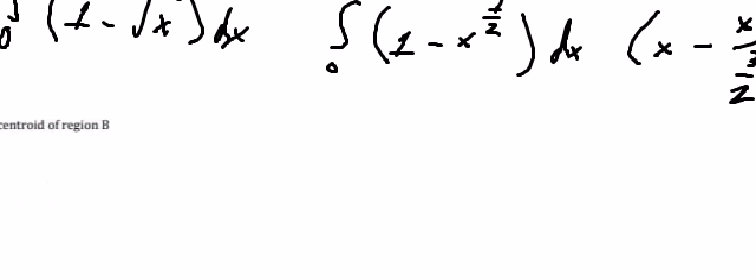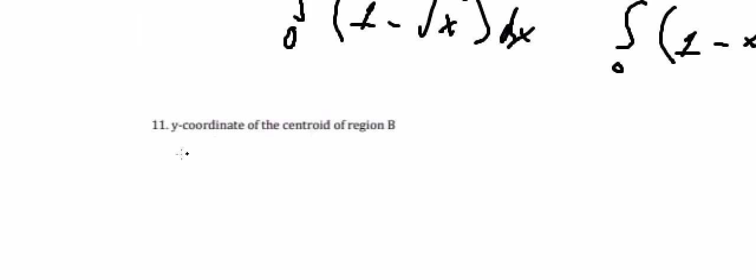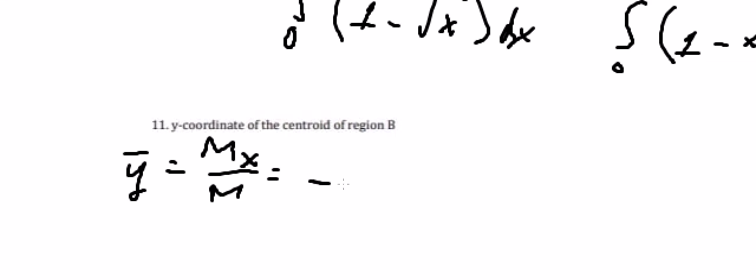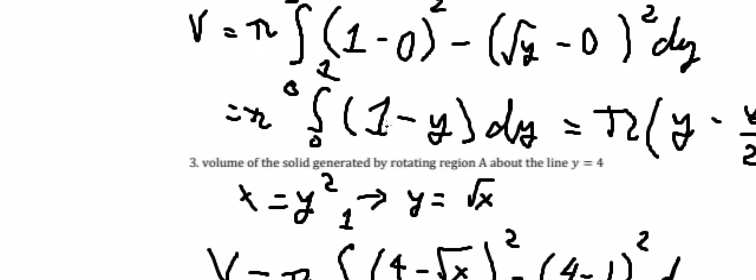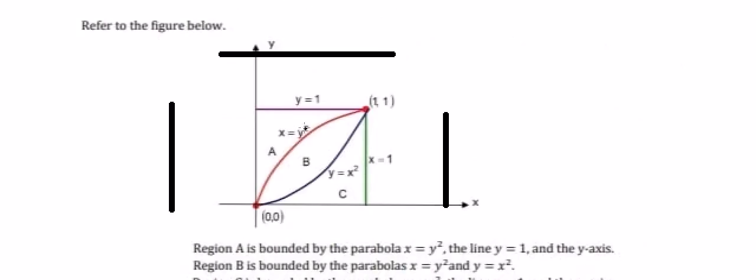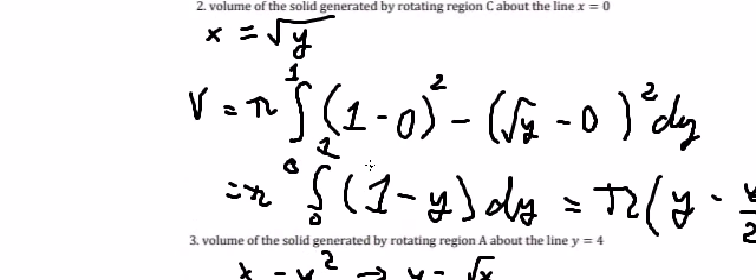The next one, y equals the moment over m. So we have the integral from 0 to 1. Region B, that should be about this one, between this one. So we have y equals s squared and y equals the square root of s.